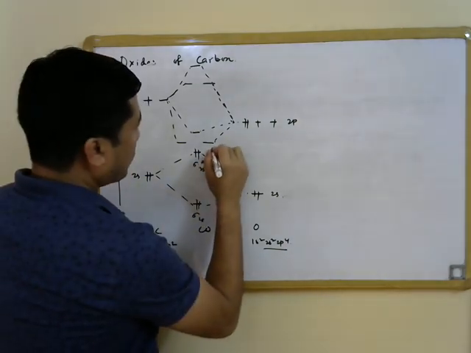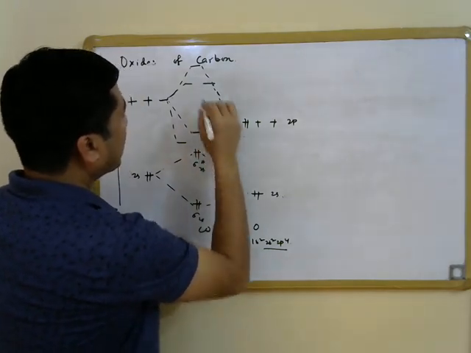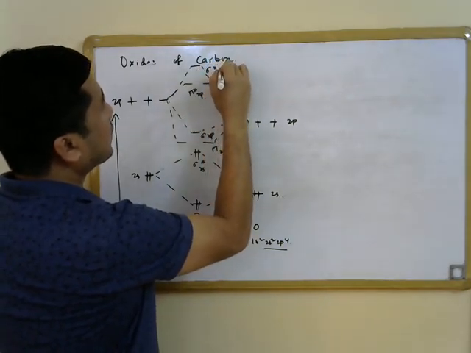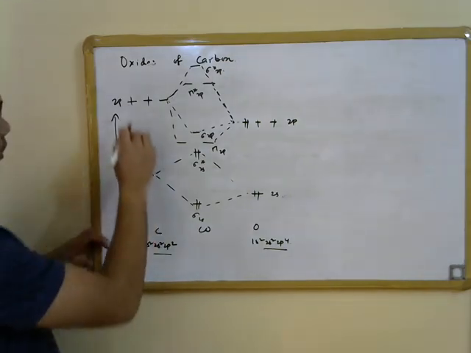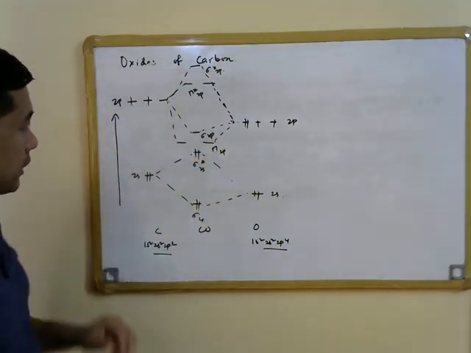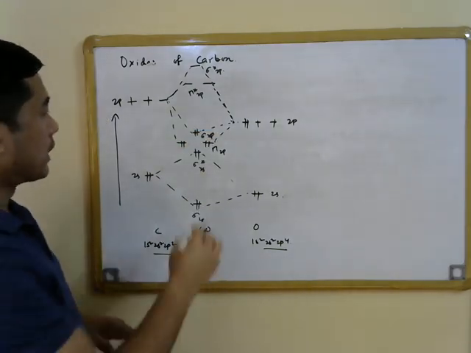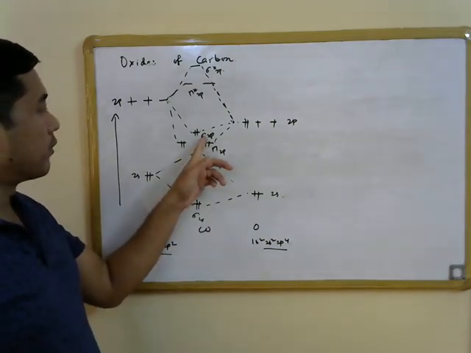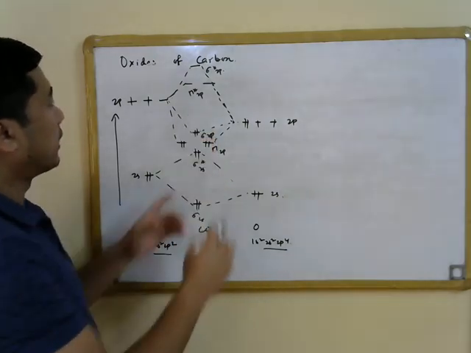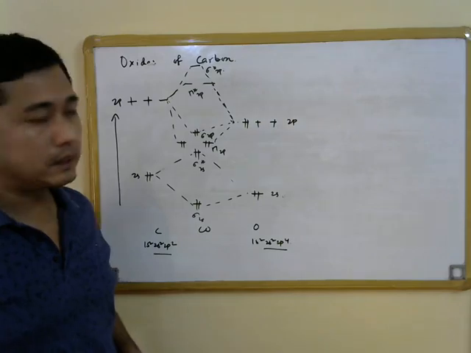This is pi 2p and sigma 2p, and this is pi star 2p, and this is sigma star 2p molecular orbital. In total we have 6 electrons in the 2p orbitals of carbon and oxygen. So we fill 6 electrons, and that essentially fills up to the sigma 2p bonding molecular orbital, and these pi star 2p and sigma star 2p molecular orbitals are essentially empty.